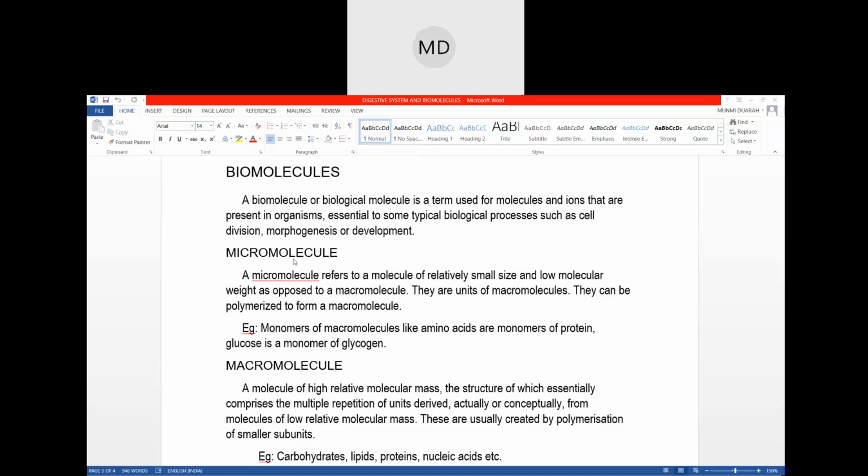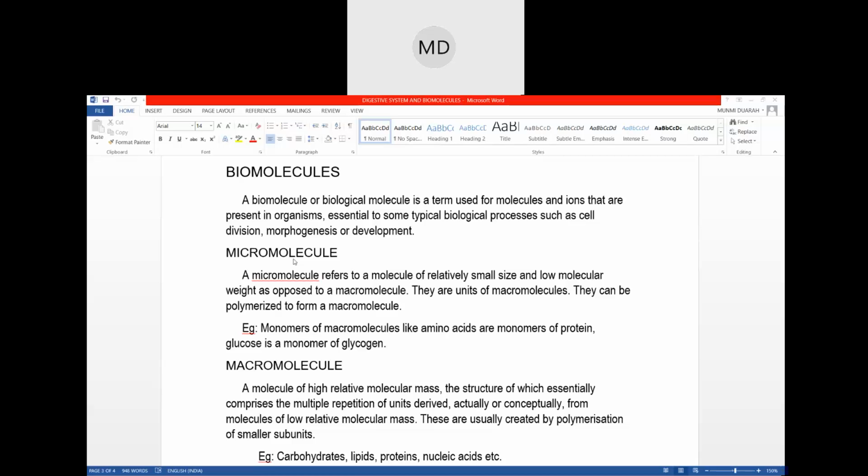Many bricks together form a wall. You can imagine those bricks to be the monomer and the wall to be the polymer. So a monomer is one single unit, and many monomers join together to form a polymer.